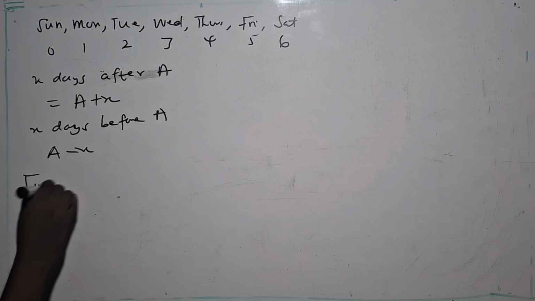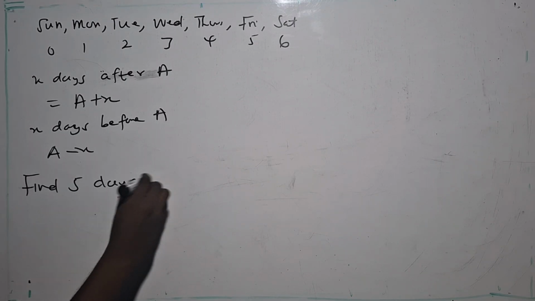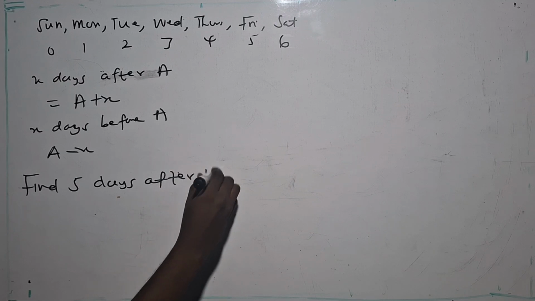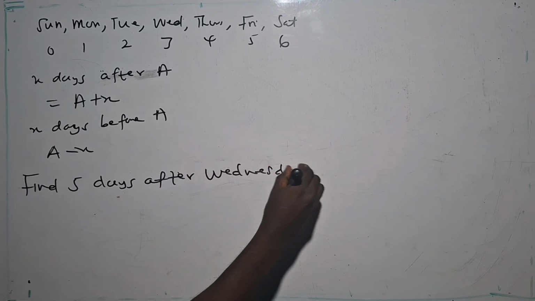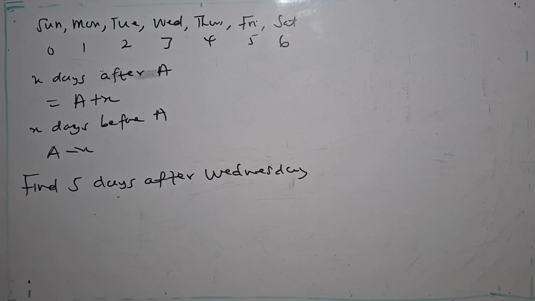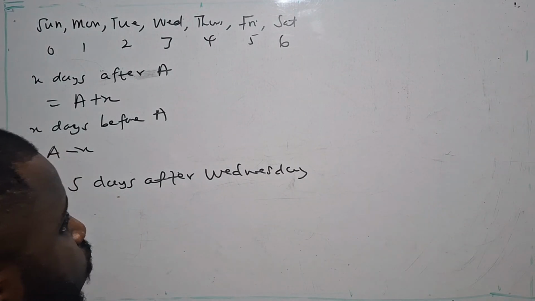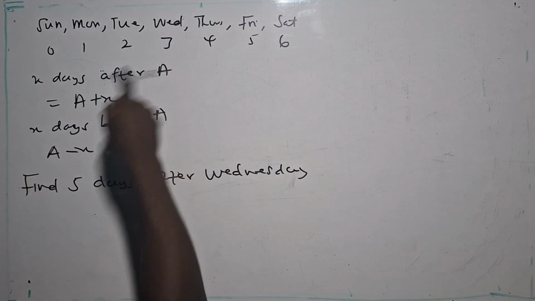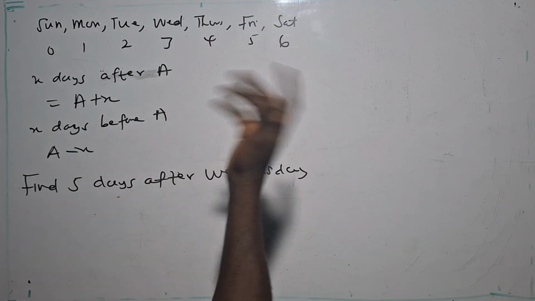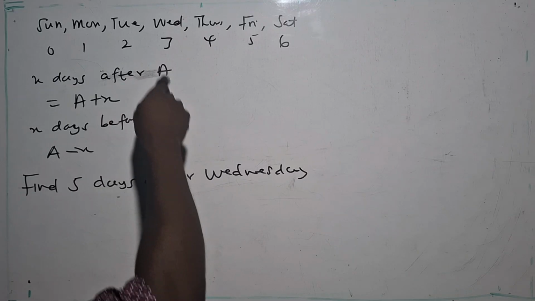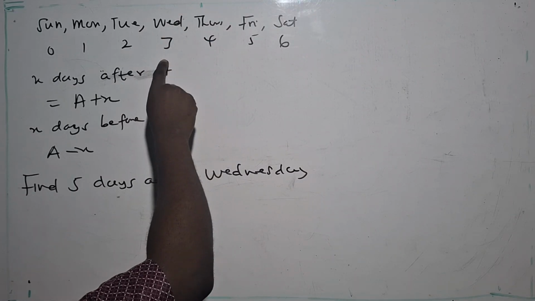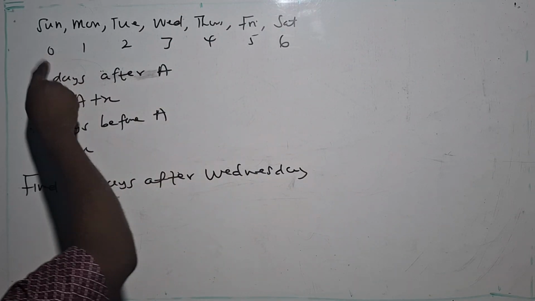find 5 days after Wednesday. In actual calculation, from Wednesday, let's use our normal calculation, just for a layman to understand. Wednesday, 5 days after, it will be 1, 2, 3, 4, 5.